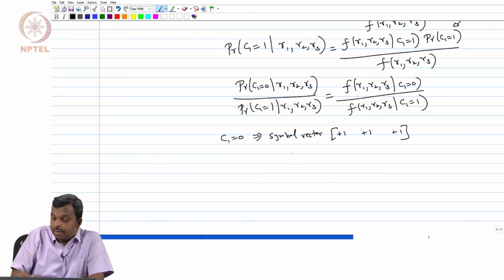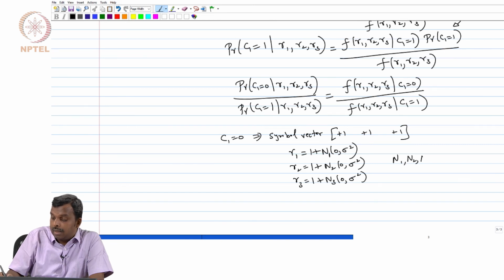So that implies R1 equals 1 plus N1, normal 0 sigma squared. R2 is 1 plus N2, 0 sigma squared. R3 is 1 plus N3, 0 sigma squared, and N1, N2, N3 are independent.